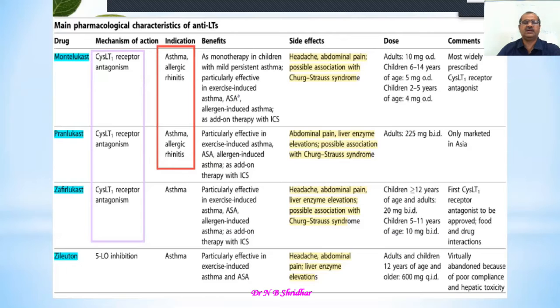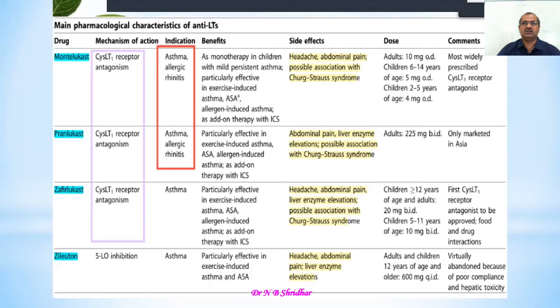The indications of this drug are asthma, allergic rhinitis, and the benefits of this drug as a monotherapy in children with mild persistent asthma, particularly effective in exercise-induced asthma and allergy-induced asthma. So varieties of asthma can be treated with montelukast sodium.